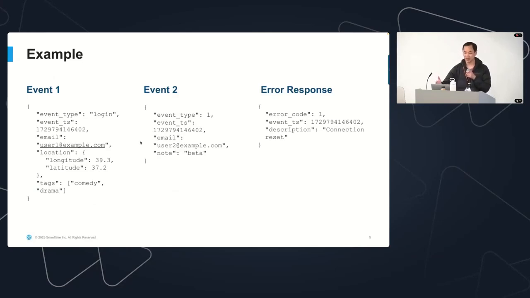You receive some events. For example, event type could be a string, or an integer, or a long. Or you could receive an error response, which is not the same data format. That is a good use case for variant.